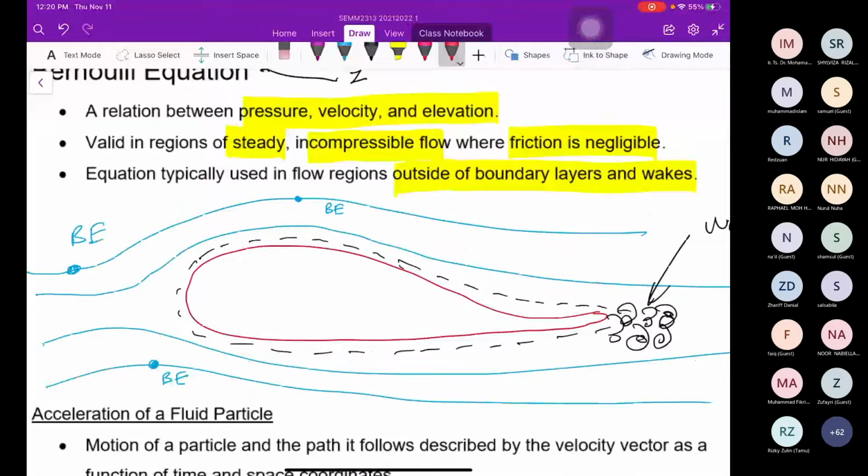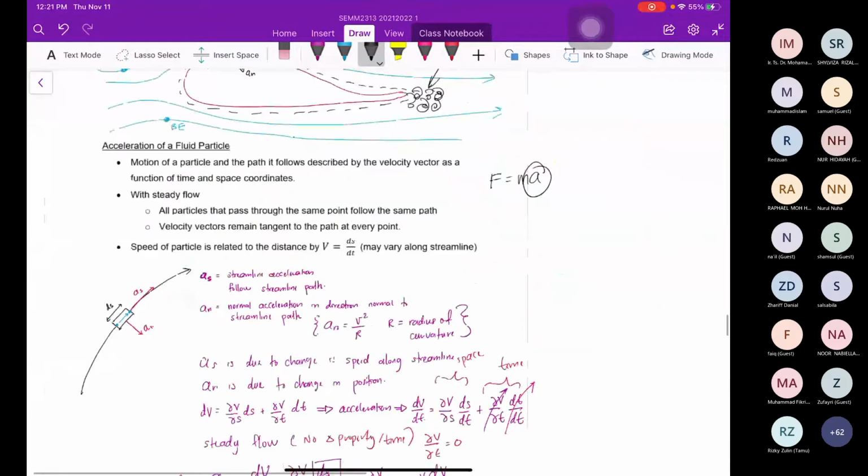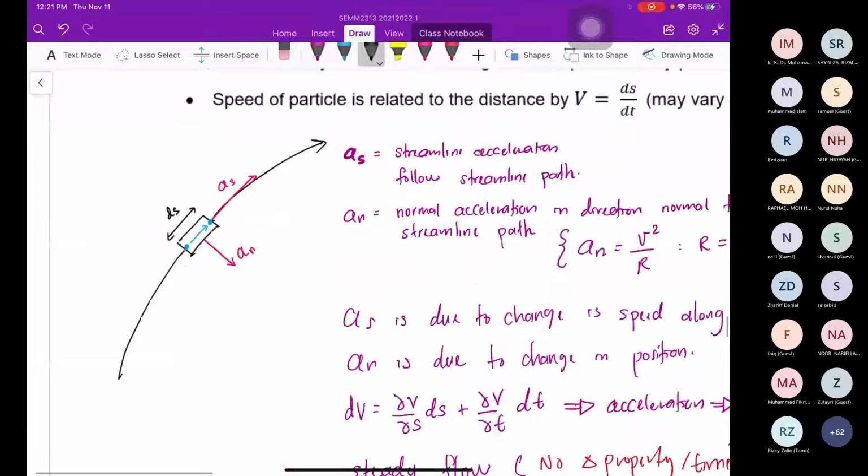So maybe it goes from here, initially at here. We can say this is the distance, so this is ds, and it follows the path. This is s, and then this is n. It is the same thing as this.